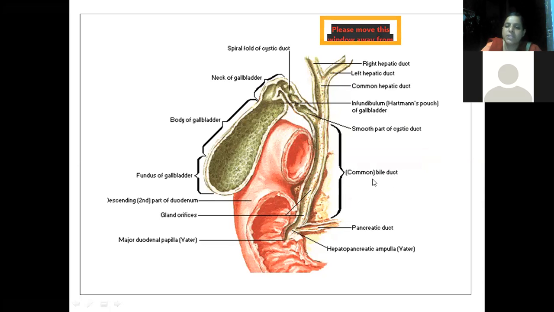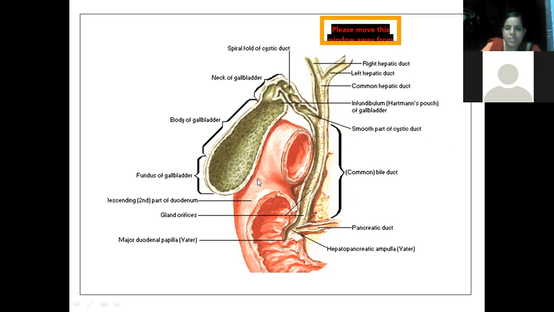In the previous picture, we have seen the relations, like it is going behind the duodenum. Retroduodenal, infraduodenal, intraduodenal. This common bile duct will be joining the pancreatic duct. When they join, you call it the hepatopancreatic ampulla. Ampulla means bulge. Ampulla of Vater, which is opening into the second part of the duodenum.